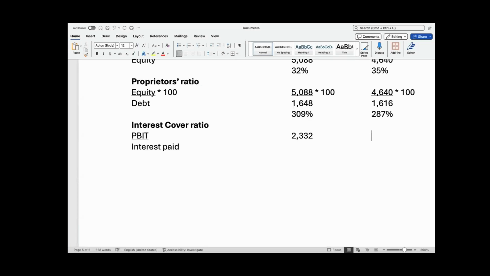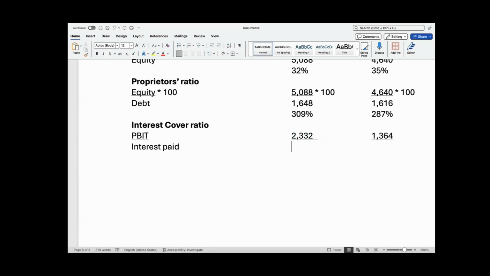How about in 2022? 1364. Okay. What's the interest paid? 172 and 136.